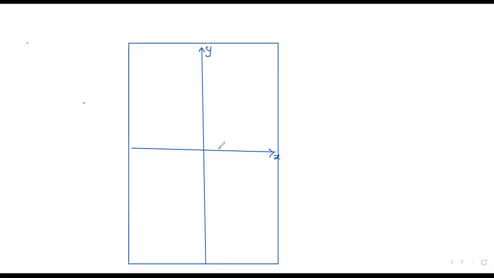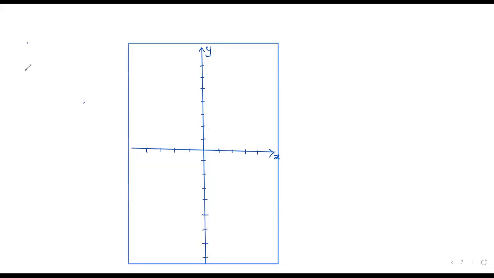Then quickly we will get the scale, and all the distances should be equal. Right, like this.